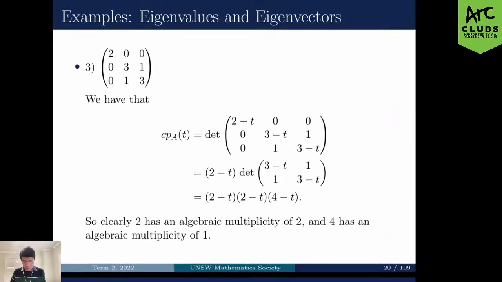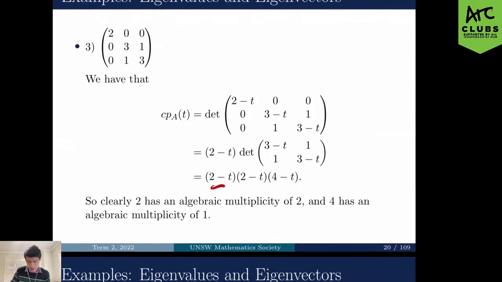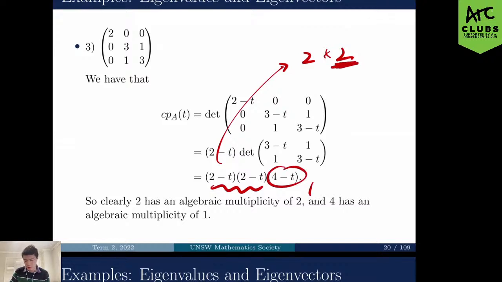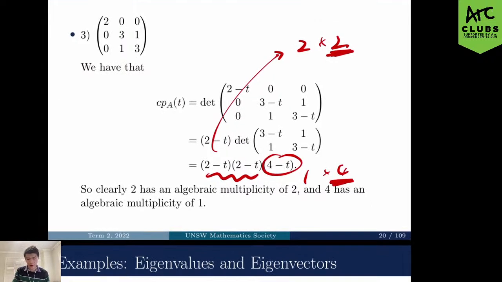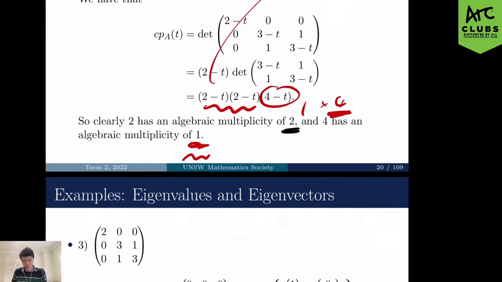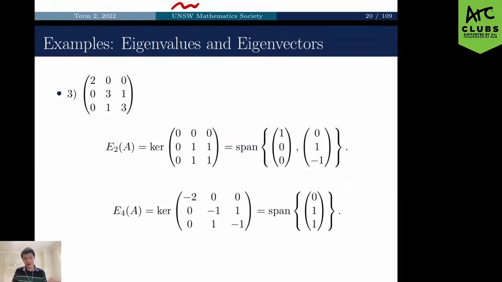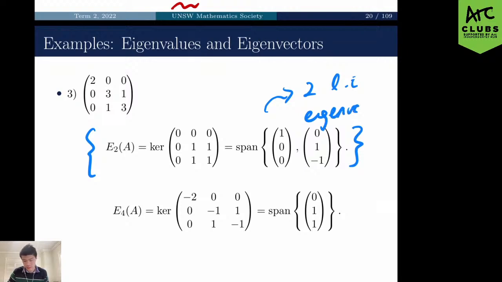Cool. Yeah, back to this, and just from looking at the polynomial, it shouldn't be too complex. We see we have 2 roots 2, and we've got 1 times 4. Right, so 2 has an algebraic multiplicity of 2, and 4 has an algebraic multiplicity of 1. Cool, and then we just calculate the eigenspaces. It turns out that this one over here actually has 2 linearly independent eigenvectors.